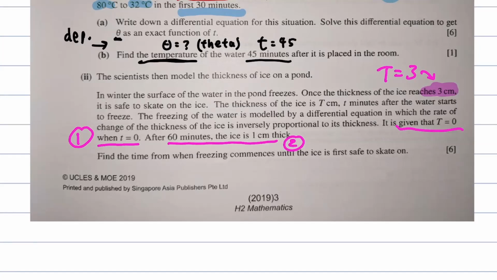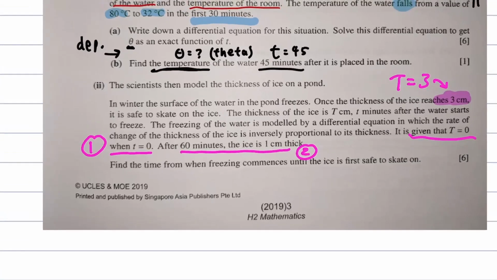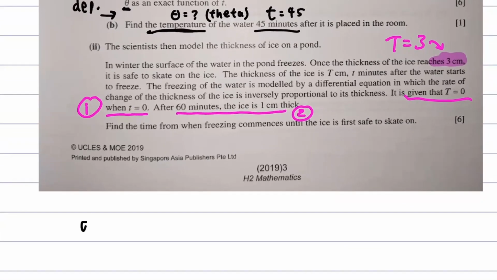So let's think about it. What is the differential equation? d what over d what? dT over dt. Very good. What did they tell you about this rate? It's inversely proportional. The rate of the thickness of the ice, which is capital T, is inversely proportional to thickness.